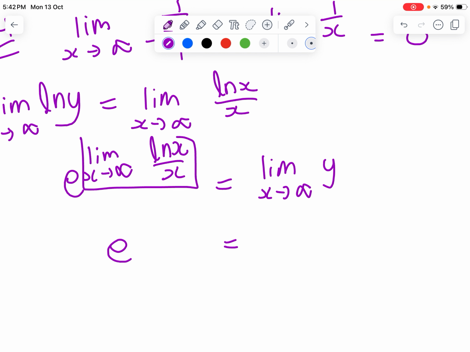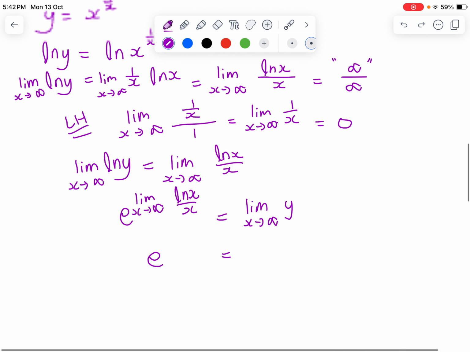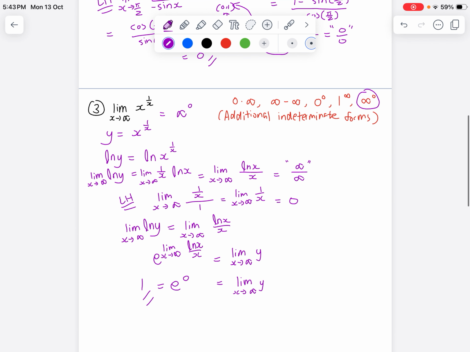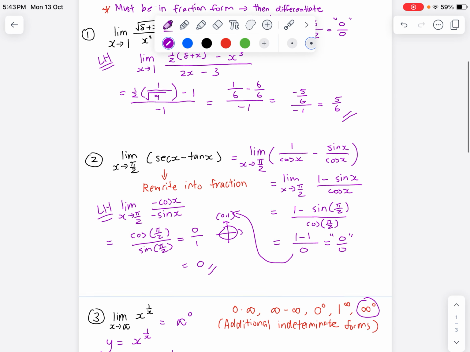The limit of ln of x over x, we just finished solving, is 0, so e to the power of 0 gives the limit as x approaches infinity of y, which is equal to 1. So there you have it. That is our answer.